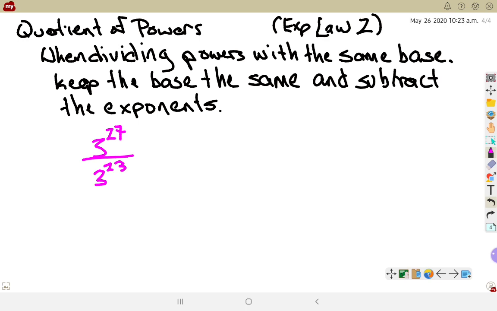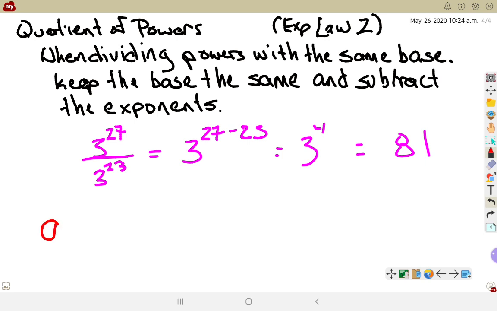Well, since they're dividing, I'm going to write that as 3 with an exponent of 27 minus 23, and that gives me 3 with an exponent of 4, and that would be the same thing as 81. So I now took what would be really difficult to type into your calculator. I don't even think you probably have enough digits for it to show you, and I can figure out the answer very simply.